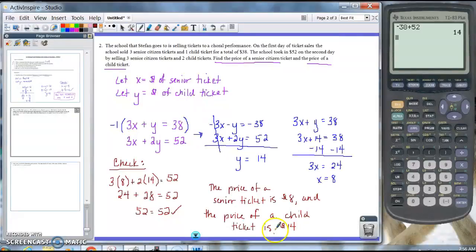And there you go. Again, I know it seems like a lot of steps, but once you have the equations, it's just solving the system.